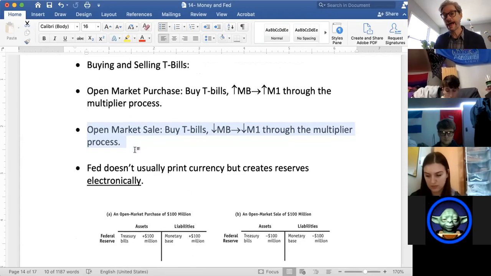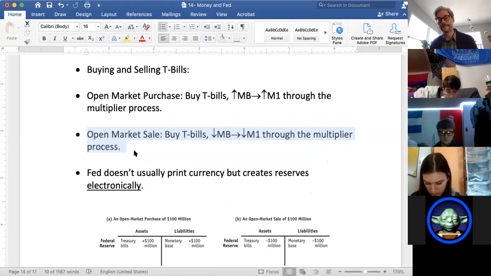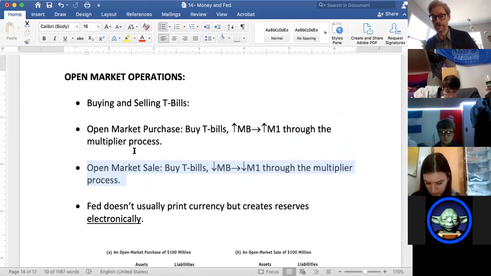So this is how the Fed typically changes the money supply, right? This is the way that the Fed typically chooses to do business. And as I said, the Fed does this every day, right? The Fed is very good at doing this, right? And big banks know that the Fed does this every day. And so this is part of the big bank's business, is buying and selling with the Federal Reserve.